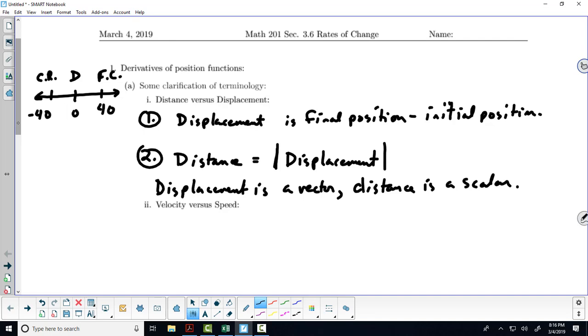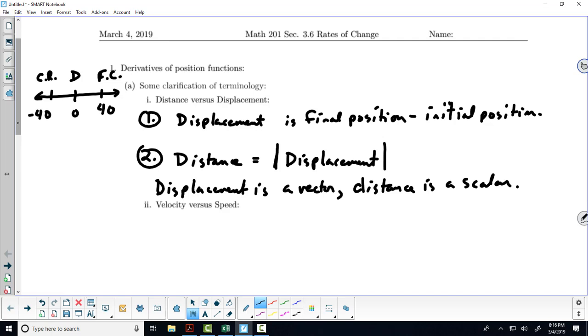Okay? So we will take care to make a distinction between distance and displacement. I'm never going to purposely try to trip you up, but later on I might ask the question, if I start here, walk this way, then walk this way, then come back, what was my net displacement, but I could also then ask what was my net distance.